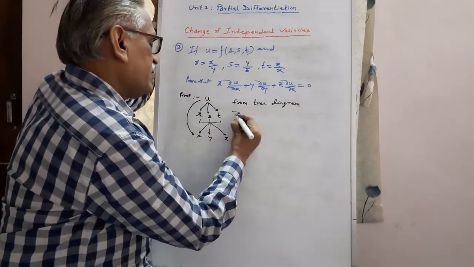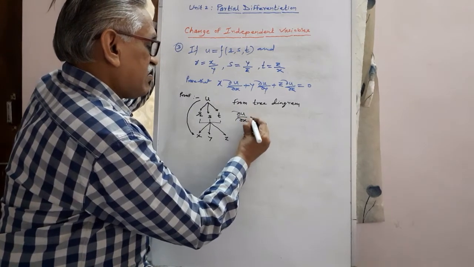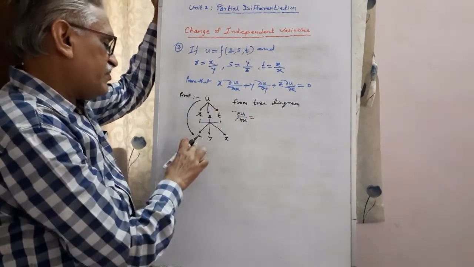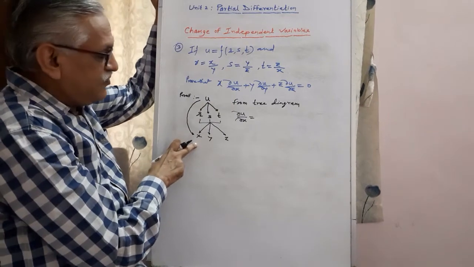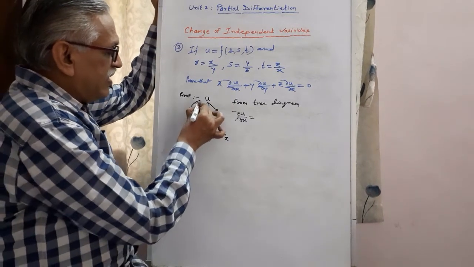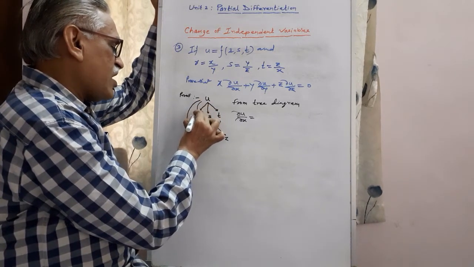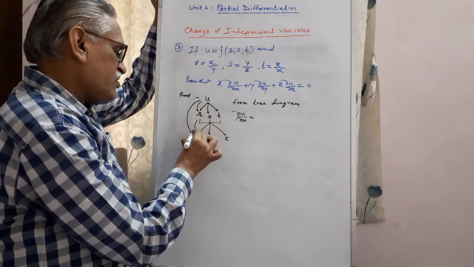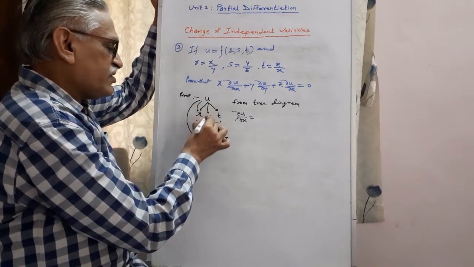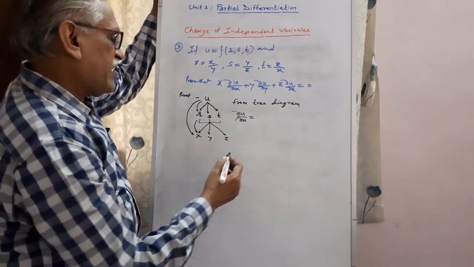I have to obtain ∂u/∂x. It is not directly a function of x, therefore we are not able to get its value directly. As I have already explained, differentiating first with respect to r, r with respect to x, then with respect to s, s with respect to x, then with respect to t, t with respect to x, like this.